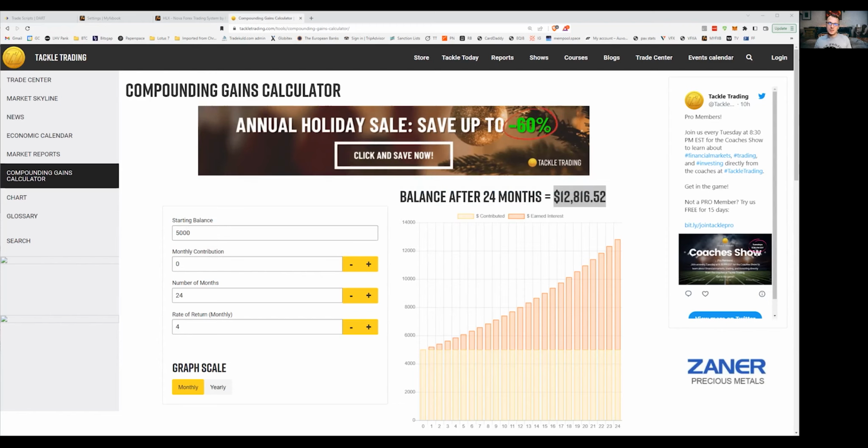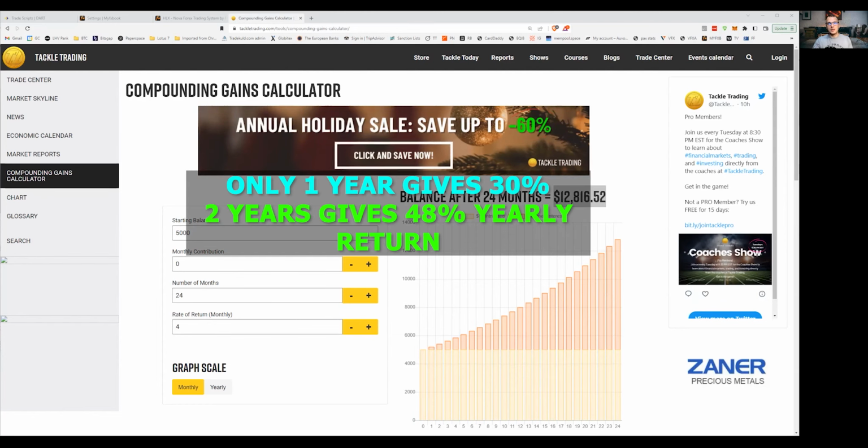Now remember, I said the first year it made 30% return, and if I run it for a longer time, the average return goes up, and this is where you see compounding take effect. As you hopefully have noticed by now, compounding is the 8th wonder of the world, and even with as low percentages as 2 or 4% per month, with discipline, it's possible to make it grow over longer periods of time.